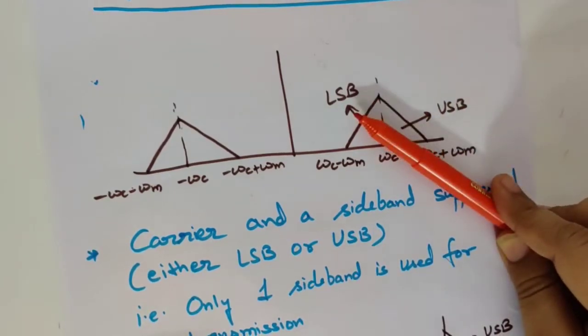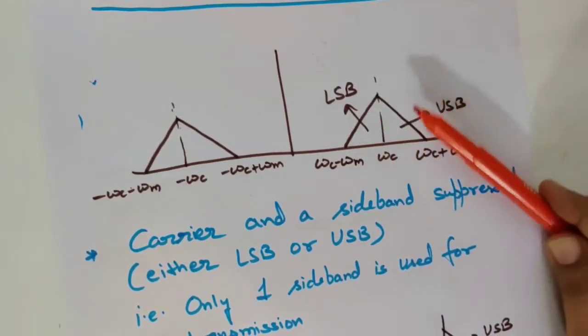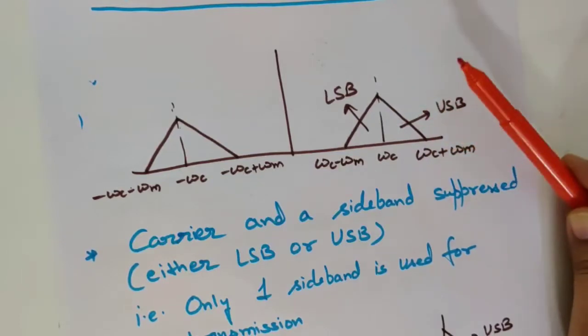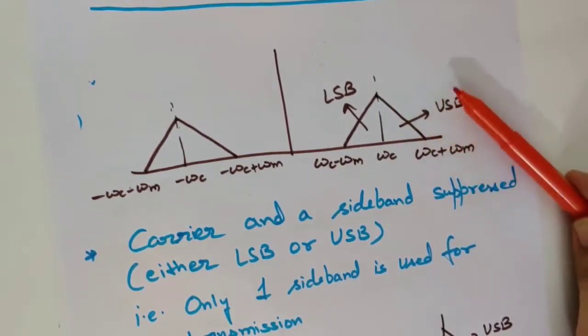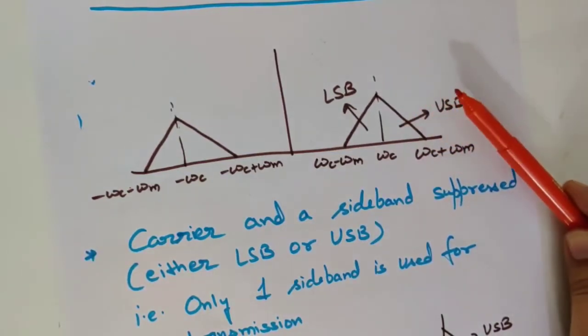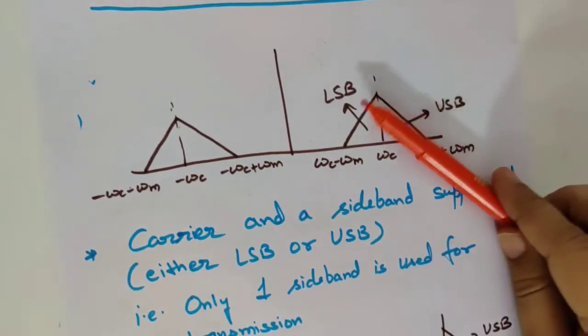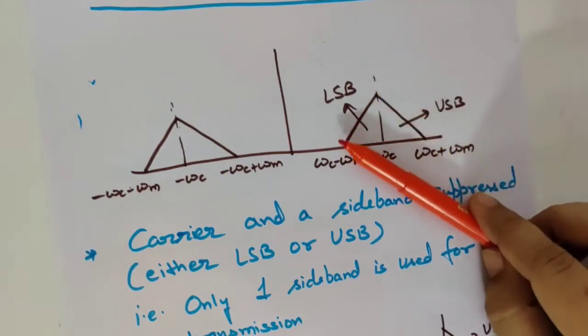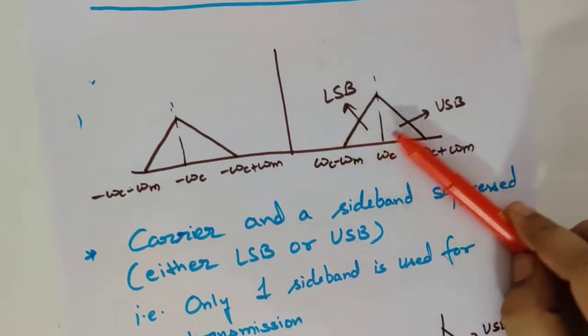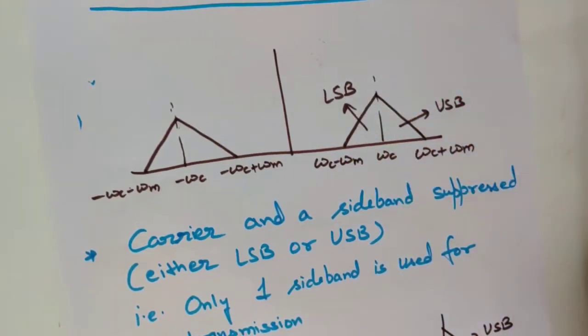In other words, we can send only one sideband for transmission. By this way we can save our bandwidth, because only one sideband is sent.